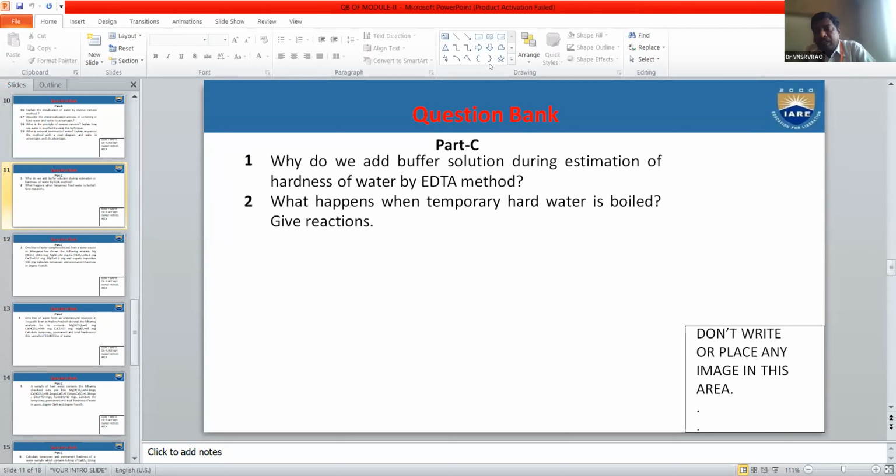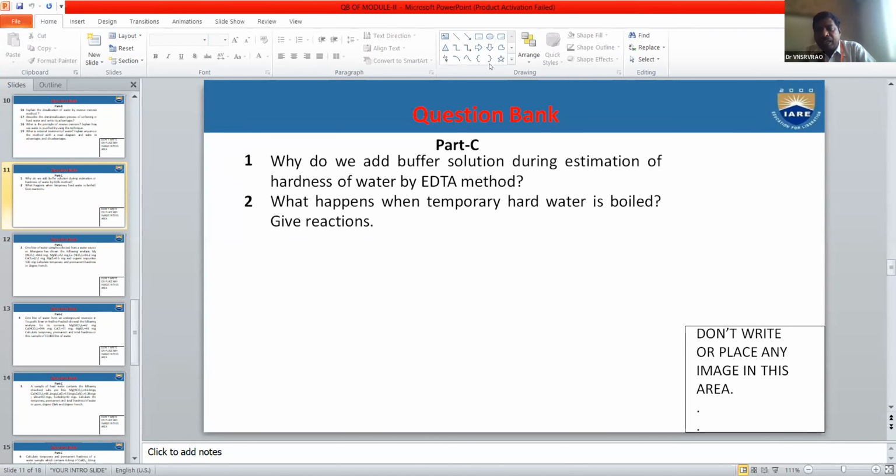So wine red color forms when metal forms a complex with the indicator. Initially, the water sample like hard water is mixed with the indicator EBT.